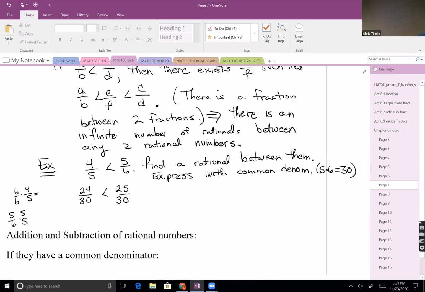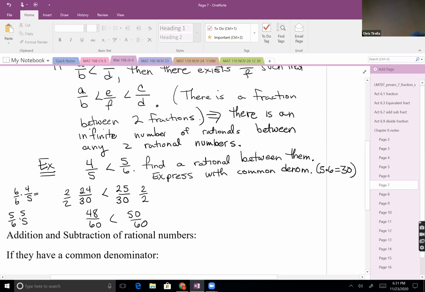Now, maybe if we express them with a larger denominator, if we multiply this by 2 over 2, that would give me 48 over 60. And if we multiply this by 2 over 2, that would give me 50 over 60.